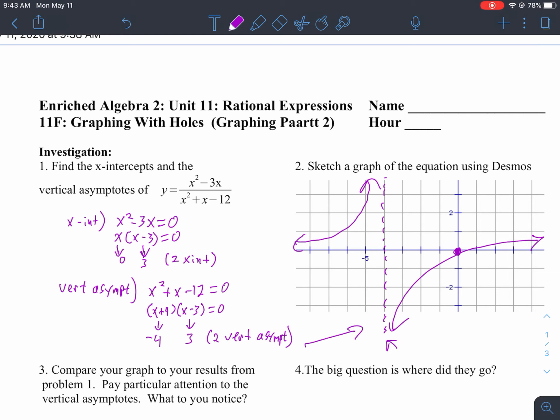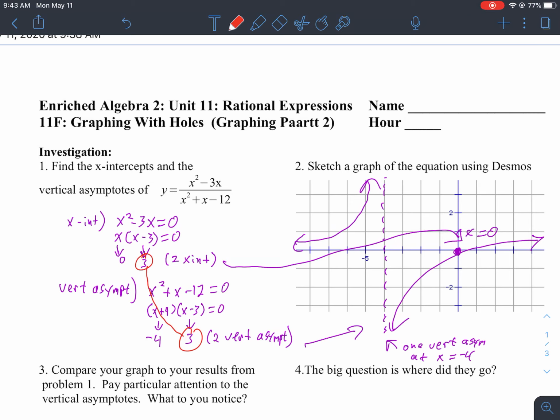Holy cow, there's only one vertical asymptote at x equals -4. And look, two x-intercepts? There's only one x-intercept of 0. So we have lost the second x-intercept of 3 and the vertical asymptote at 3.